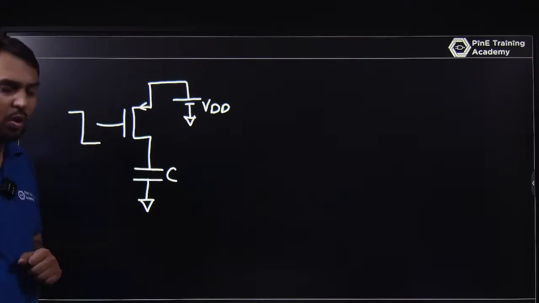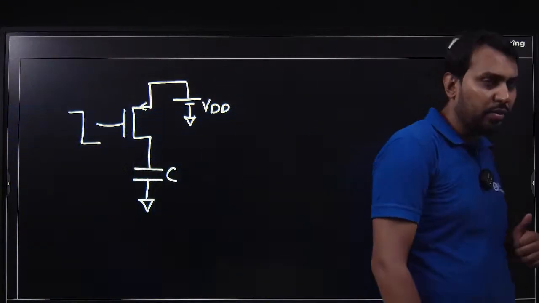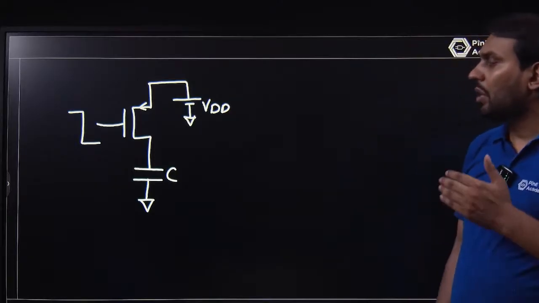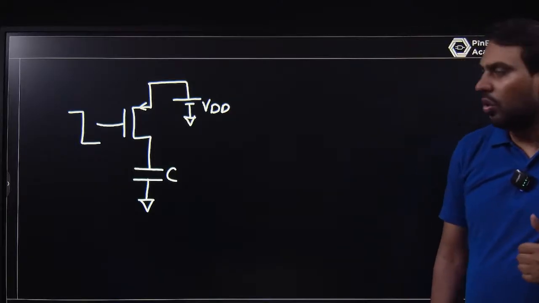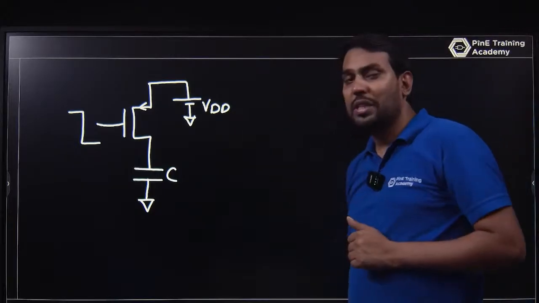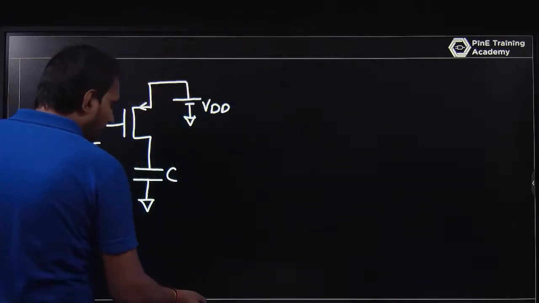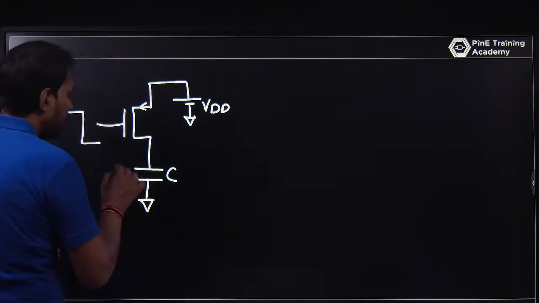Basically PMOS is on at logic 0 and NMOS is on at logic 1. So I am assuming that the PMOS has gate input voltage 0, the source has VDD, and the drain side has the capacitor voltage, where the initial voltage of the capacitor is 0 volt.